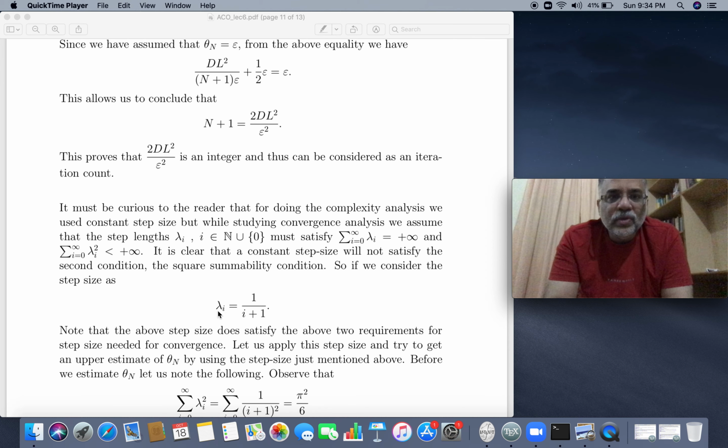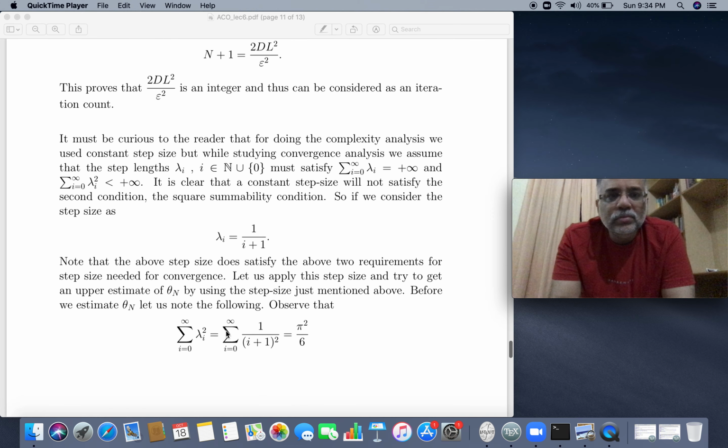And then let me choose step lengths as lambda I equal to 1 by 1 plus I, because I start with 0. So lambda 0 is 1 and lambda 1 is 1 half and something like that. So now if you look at summation I equal to 0 lambda I squared, this is actually the famous Euler's identity, which is equal to pi square by 6, Euler's infinite series.